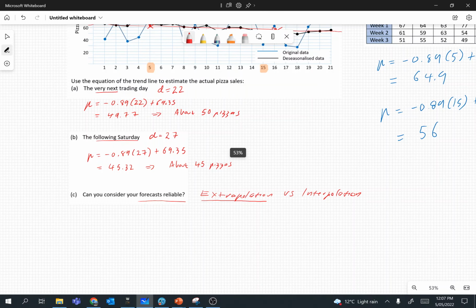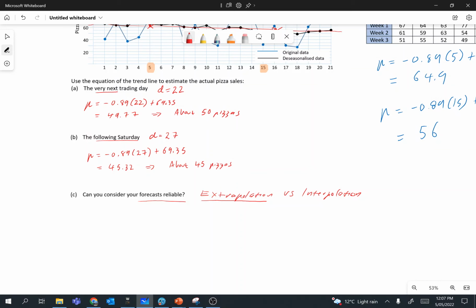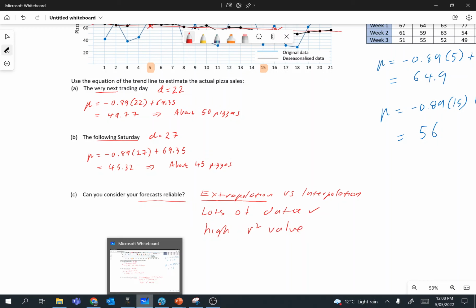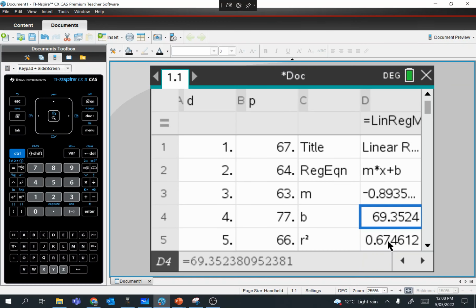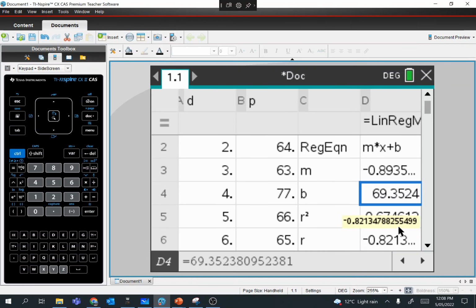The other points that we look for are lots of data and a high R-squared value. Now we've certainly got lots of data, we can tick that off. If we look at the R-squared value back on the calculator screen, it's a little low. If we look at the R value, we're still in strong negative territory.